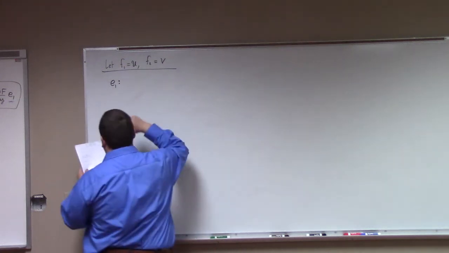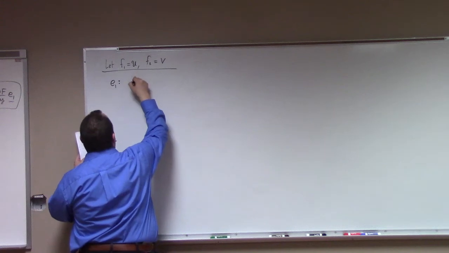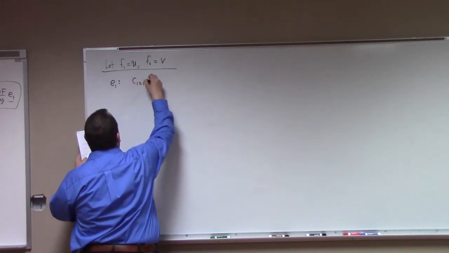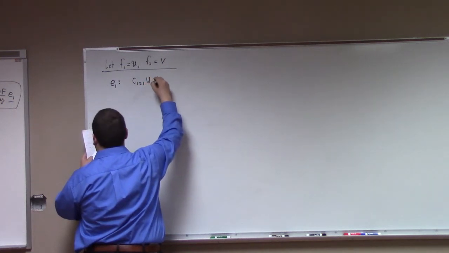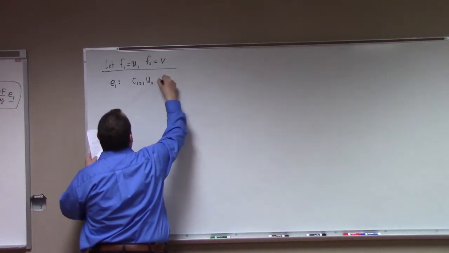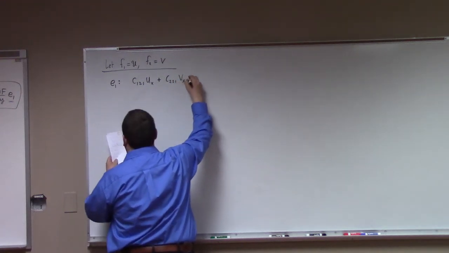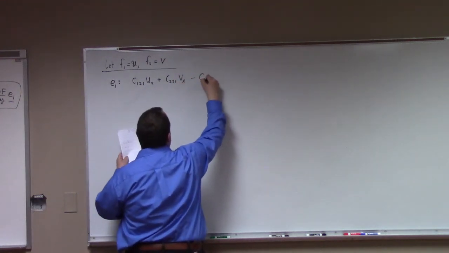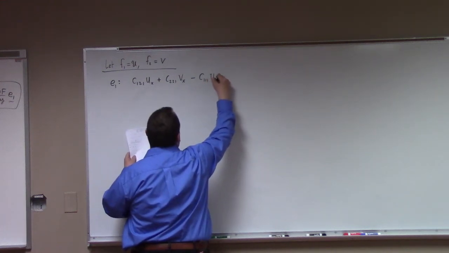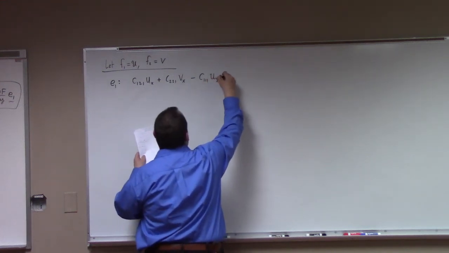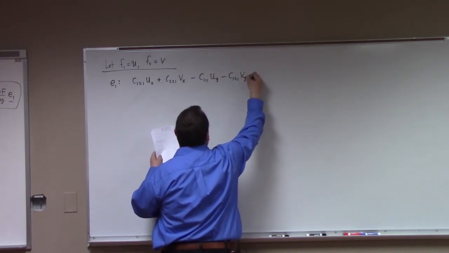So we have C121 ux plus C221 vx minus C111 uy minus C121 vy equals 0.